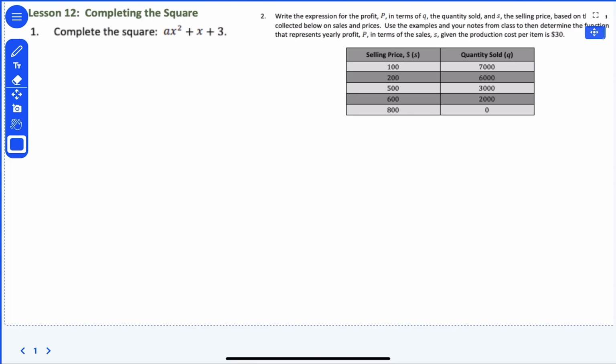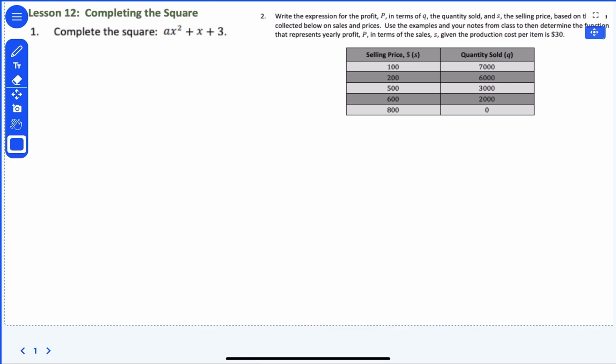So, how do we do this problem? Anybody want to help me? Walk me through it from the video. Give me something, even if it's wrong. What do you think? Yeah. So we're going to divide by a, but we're only going to do it to the first two terms.